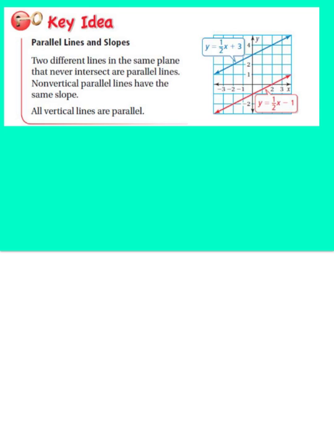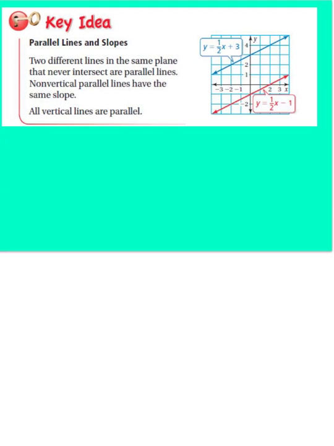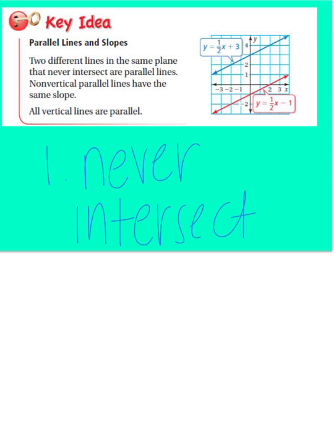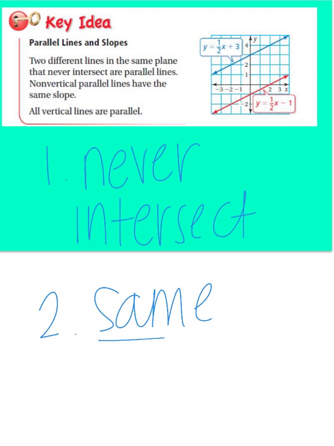Let's start with parallel lines. So parallel lines we've actually been talking about for the last couple days. What you need to know about parallel lines is one, they never intersect. I think of railroad tracks. They never intersect. And two, they have the same slope.